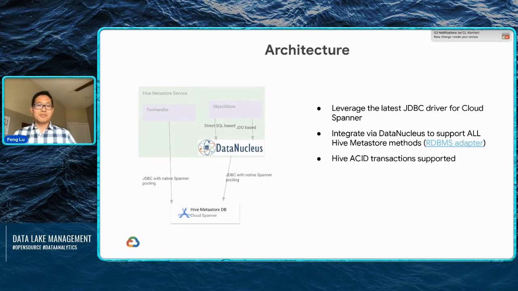So instead, we opted for the DataNucleus approach. Leveraging the latest JDBC driver for Cloud Spanner and extending the RDBMS adapter interface in DataNucleus, we are able to make Cloud Spanner a supported, viable backend for DataNucleus.